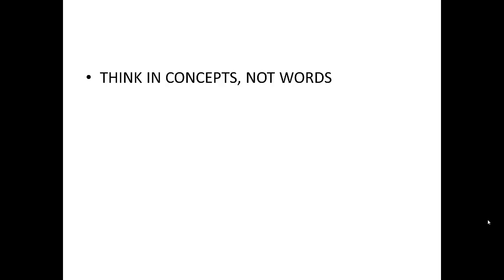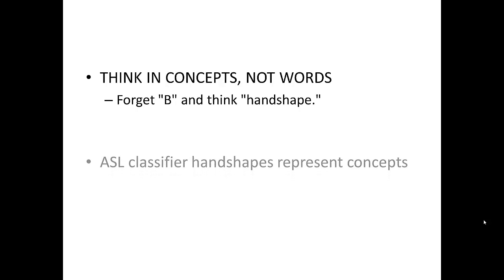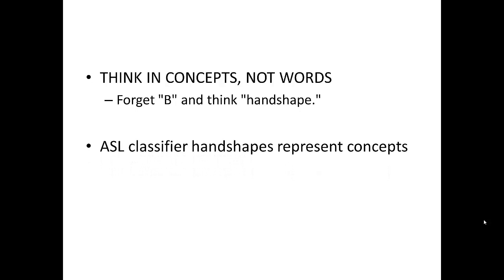When you're working with classifiers, you need to think about concepts, not individual words. Again, think about the hand shape. Classifier hand shapes are very conceptual. They represent concepts, not numbers or letters.